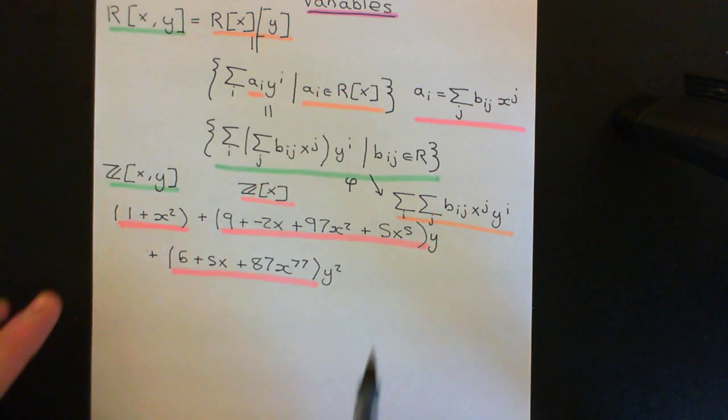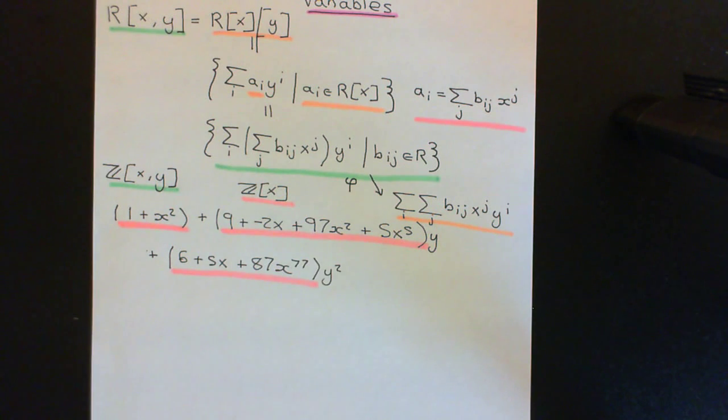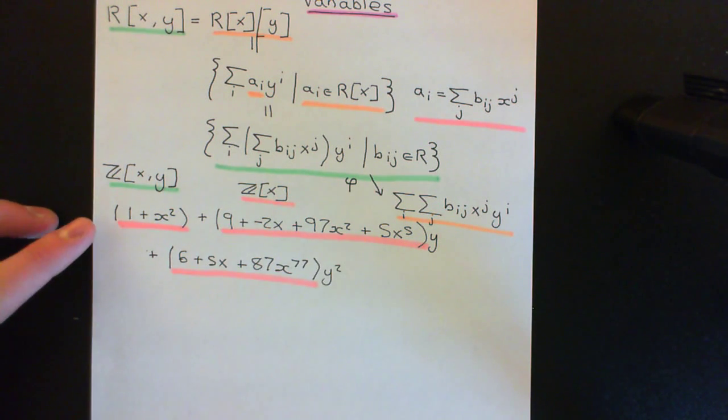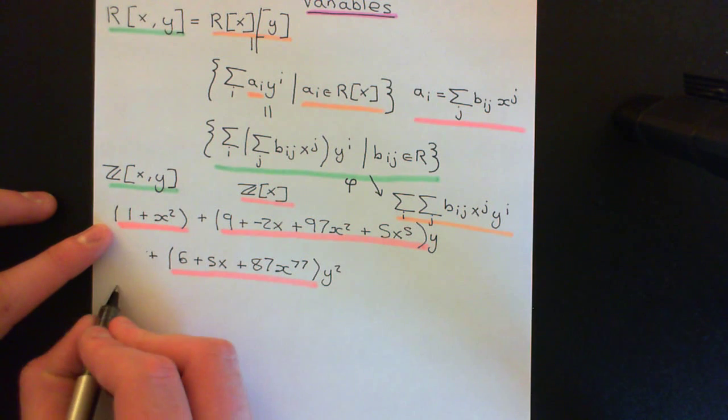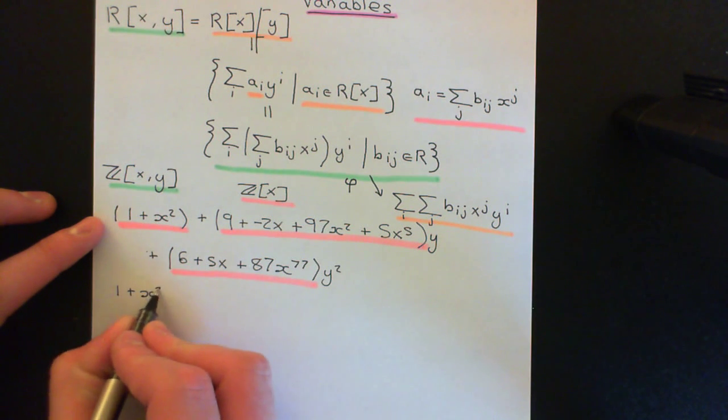So let's now have a look at what my relabeling map would do to this concrete example here. I'm just going to expand the brackets. So this bit will become just 1 plus x squared.